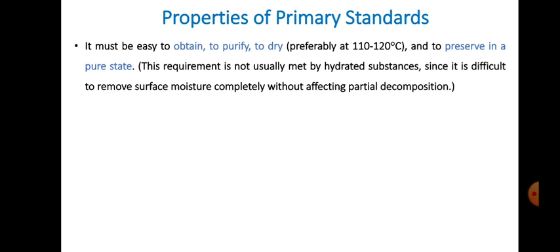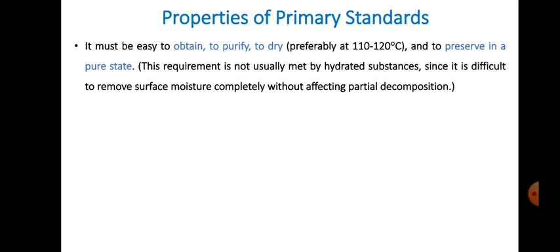So preferably the substances which can be dried at 110 to 120 degrees Celsius are preferred. So this is one of the properties of a primary standard. Primary standards are easy to obtain, easy to purify, because we want a pure substance, and easy to dry.